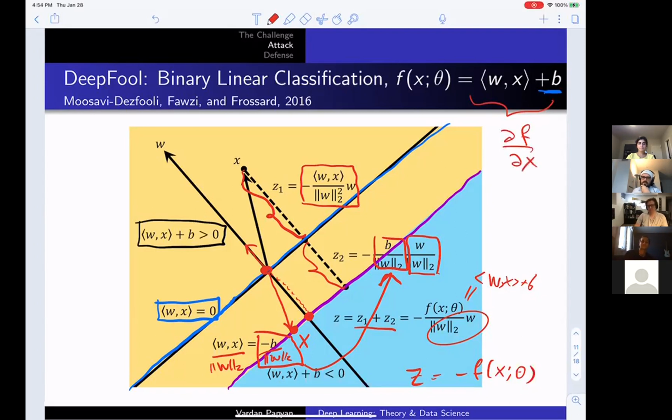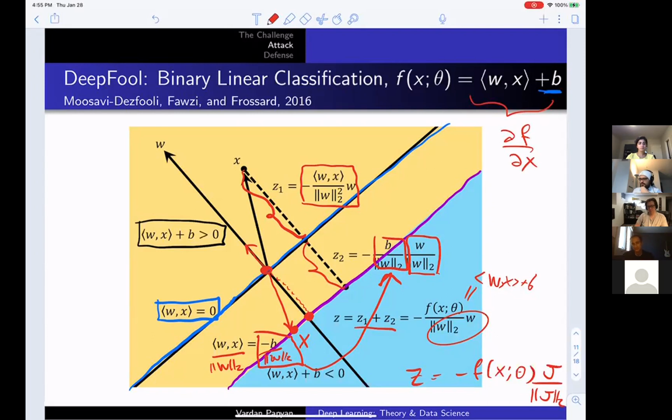It's just the linearization of the function f. So basically you could write the perturbation as z equal to minus f of x theta multiplied by the Jacobian divided by the norm of the Jacobian, right? Does this make sense?